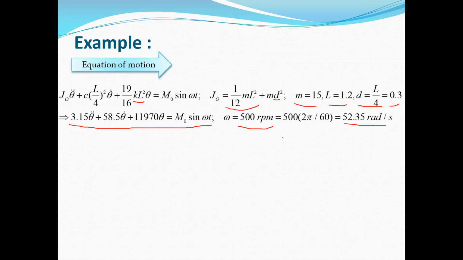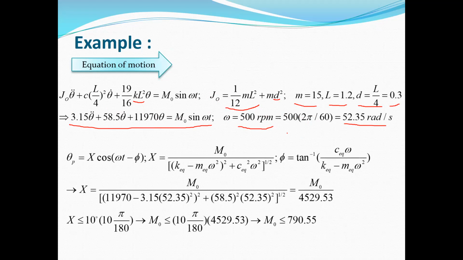So we have this equation of motion, and now we need to obtain the particular response, because according to the problem description, we need to obtain the M_0 when X has a maximum value of 10 degrees. So theta_p is equal to X cosine(omega t minus phi), where X is M_0 divided by, this is from the formula, and also we have the phi for the particular response.